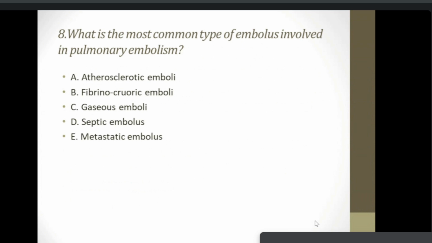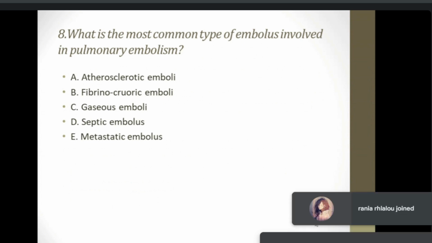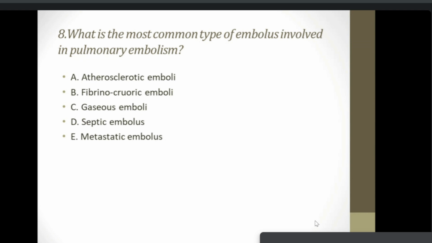Let's move now to the other question. What is the most common type of embolus involved in pulmonary embolism? We have atherosclerotic emboli, fibrinocruoric emboli, gaseous emboli, septic embolus, metastatic embolus.